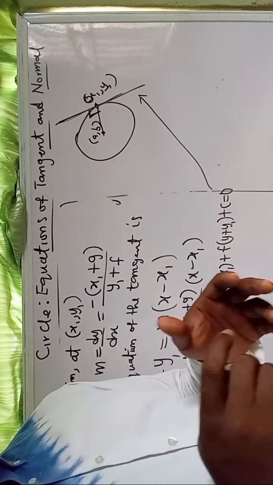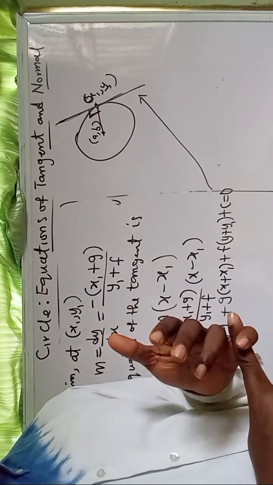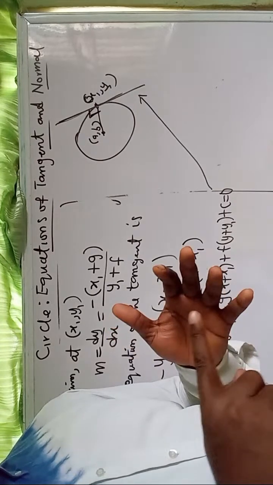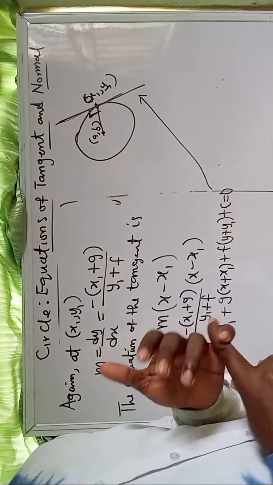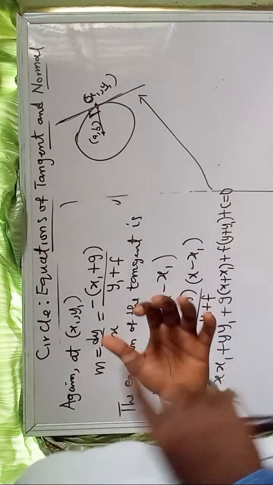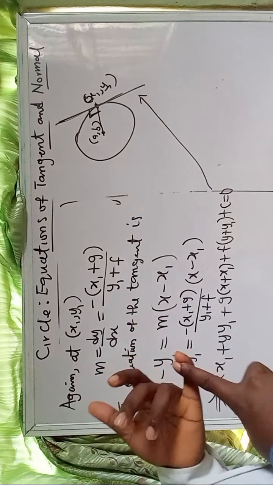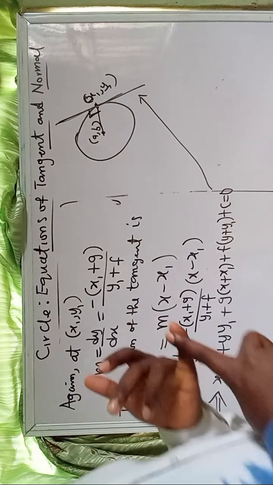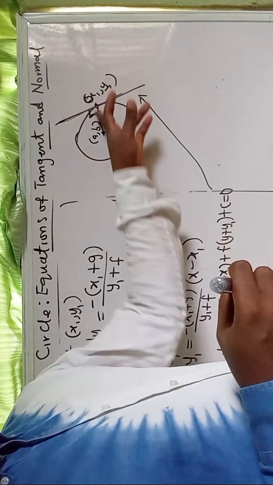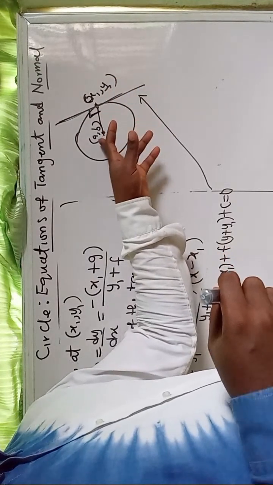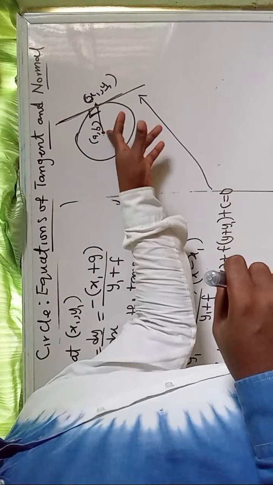When we say normal, it is this line that is perpendicular to the tangent line, from the center of the circle, or from the origin of the circle. You see that this tangent line is perpendicular to the line that we call the normal line.